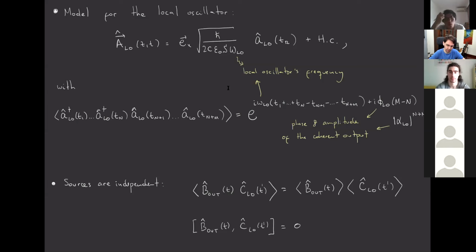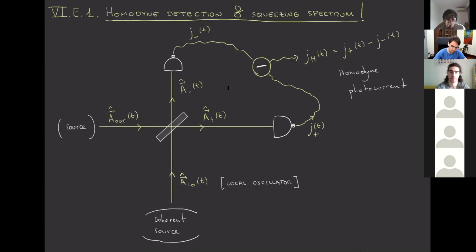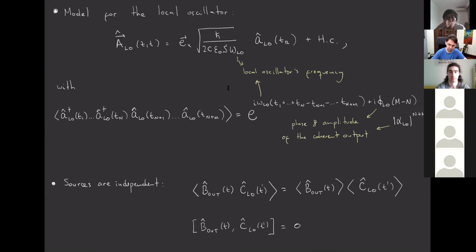And it commutes, and it's completely independent from the output. Now all I'm going to do is use these properties to show you that the moments of this photocurrent are proportional to moments of the quadratures of the output field, which is what I promised.